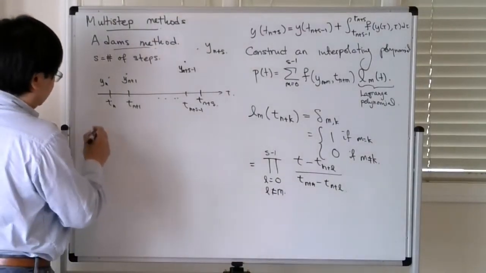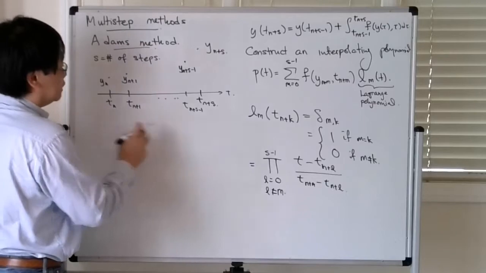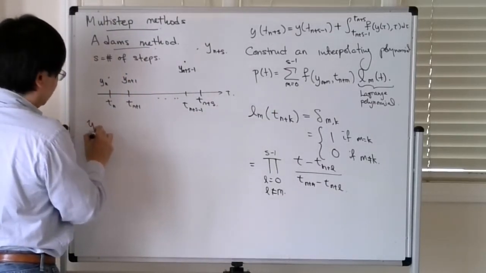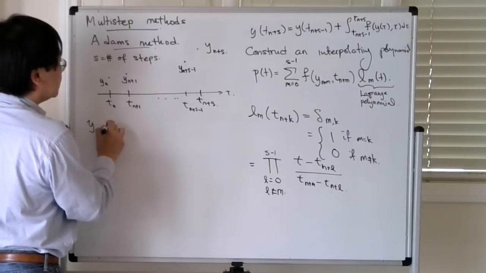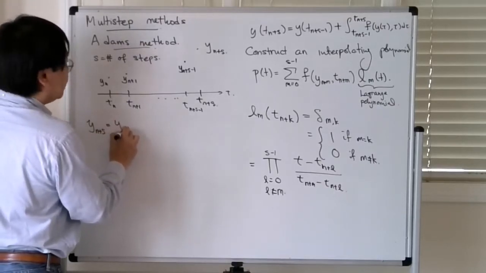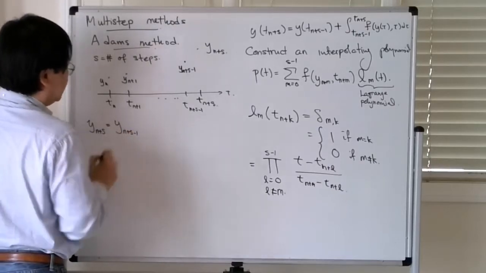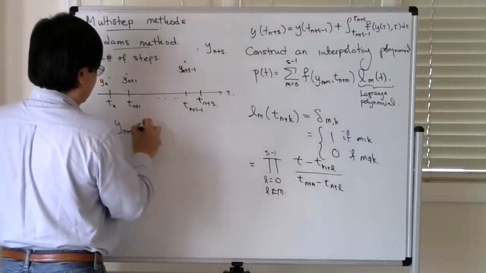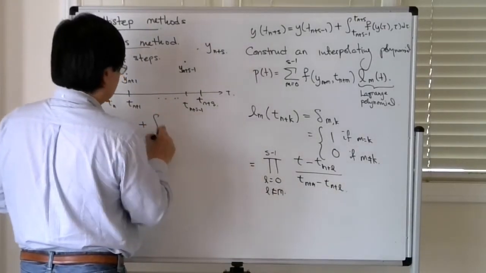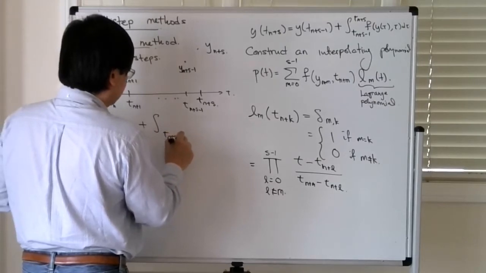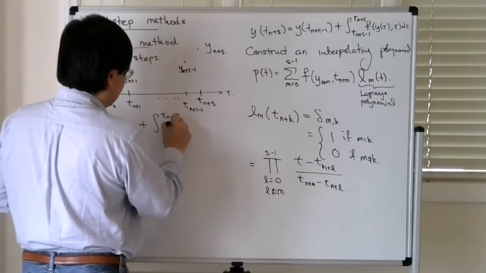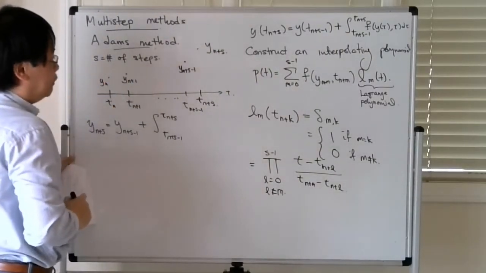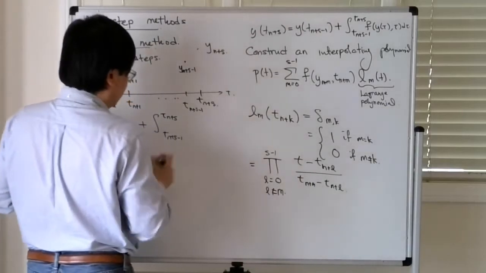So in any case, you can use this in the following way. You can say that y_{n+s} is equal to y_{n+s-1}. So this is now the sequence of approximations. Plus the integral from t_{n+s-1} to t_{n+s}, where you replace the integrand f by this interpolating polynomial p(t).